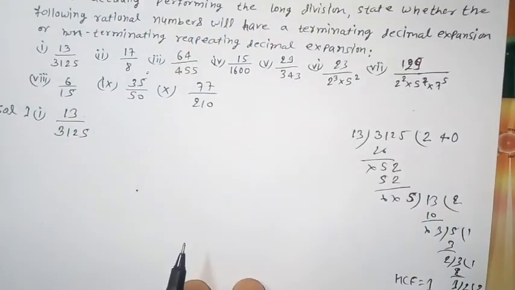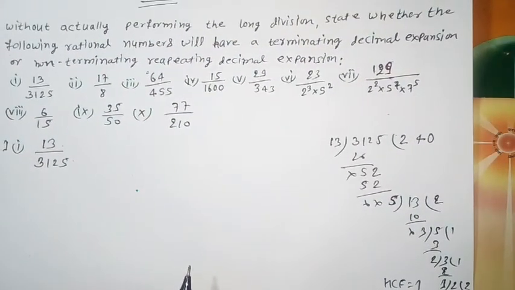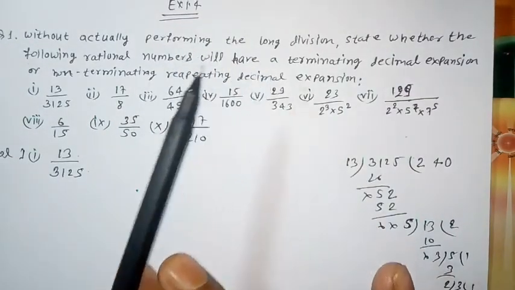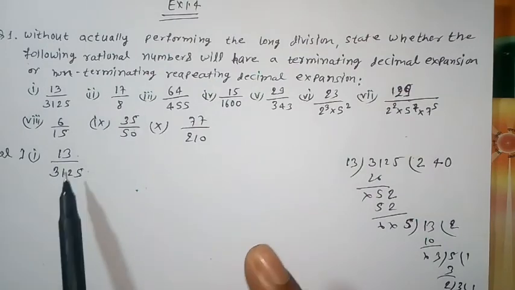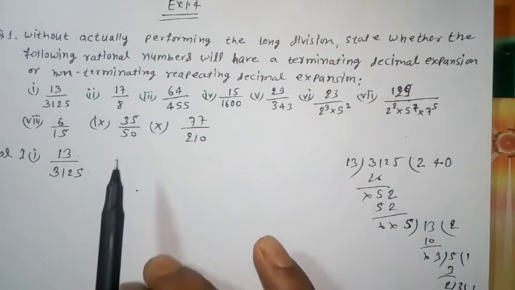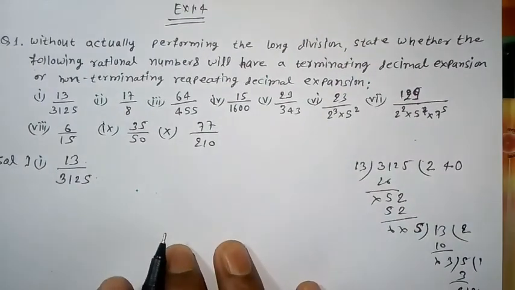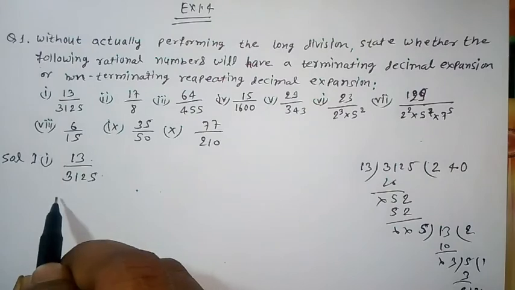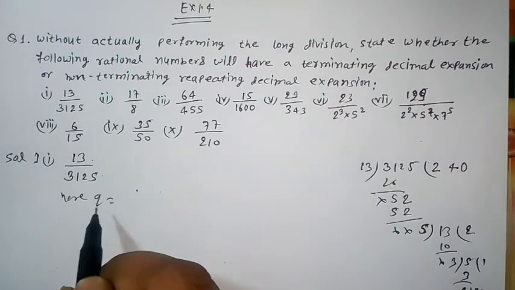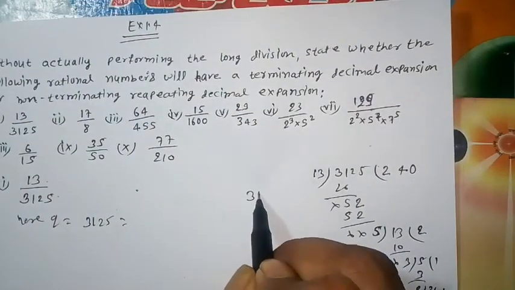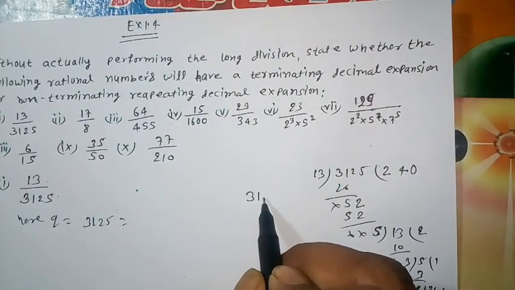Now, again without actually performing the long division, how can we know whether this rational number has a terminating decimal expression or not? According to theorem 1.6, here q is equal to 3125. Now let's get the prime factors of 3125.